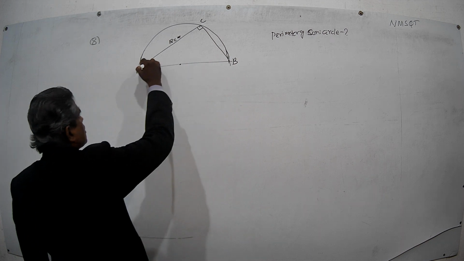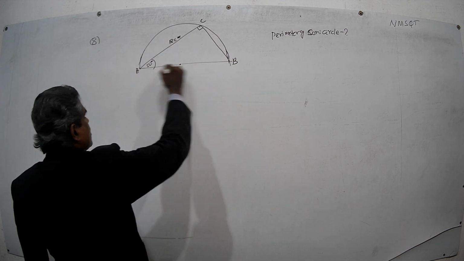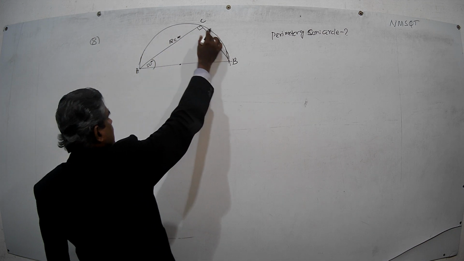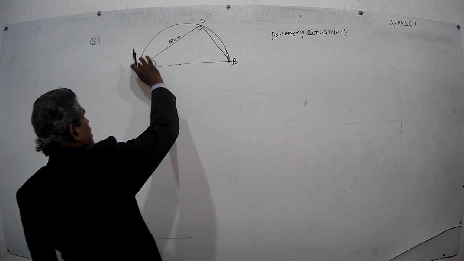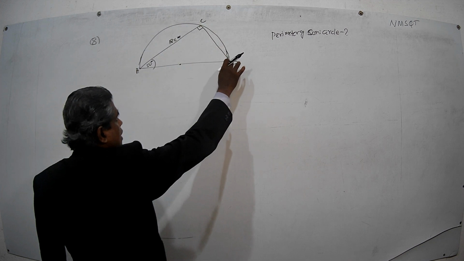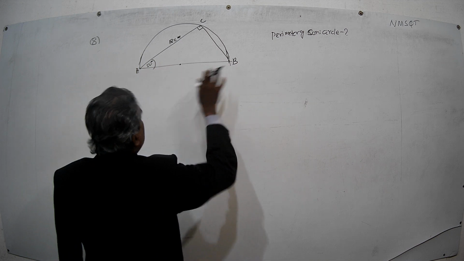Perimeter of the semicircle means this length, A, C, B, AB length. Then we have to calculate the length of this curve of the semicircle and this length of the diameter and add them together.